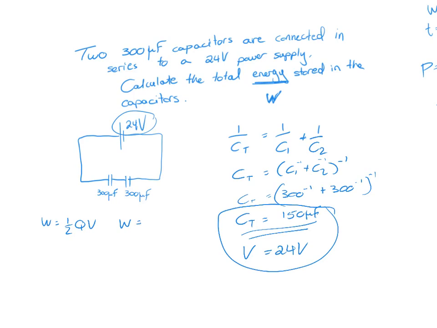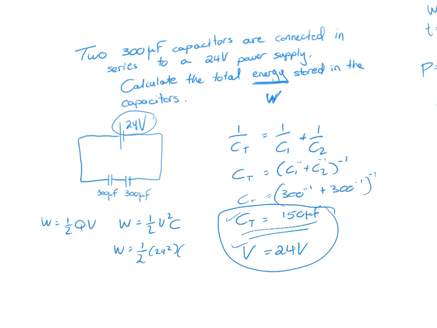We have seen a half V squared C. This looks good because I have C and I have V. So that gives me a half times 24 squared times the capacitance.